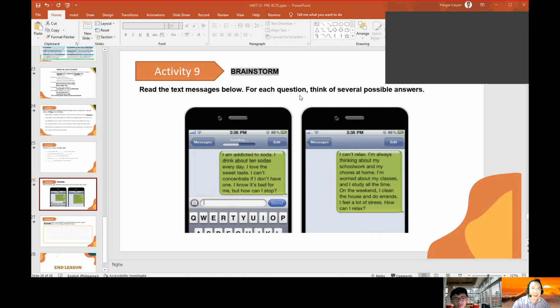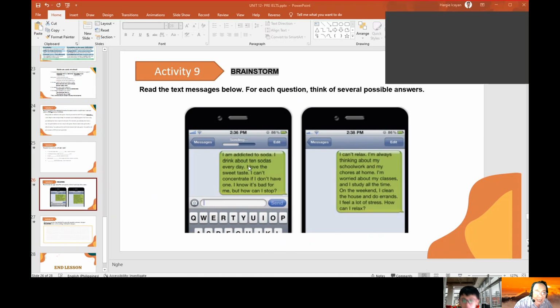For each question, think of several possible answers. Now, if you are Dr. Lee, and someone texted you and asked for advice, what advice can you give to this particular texter?